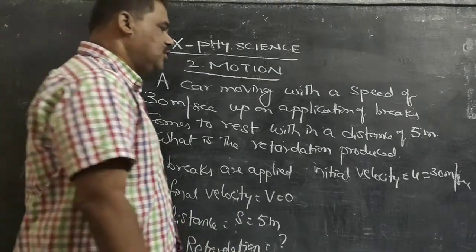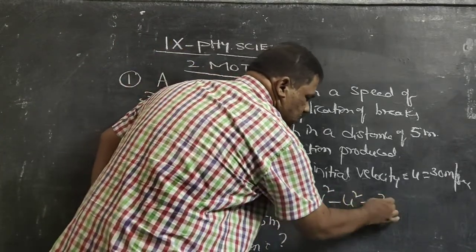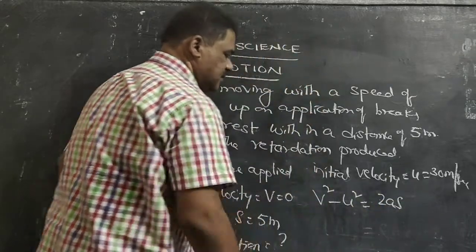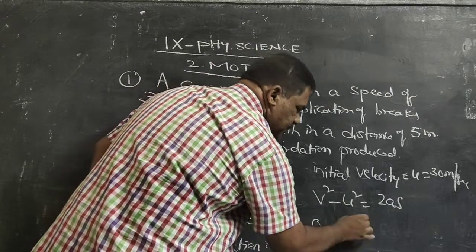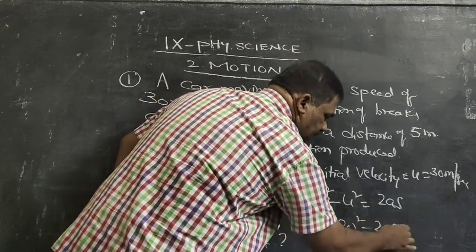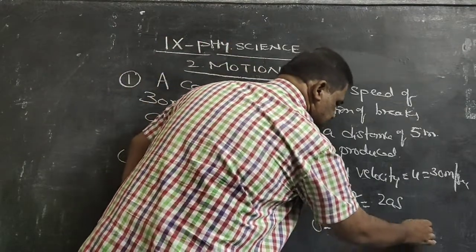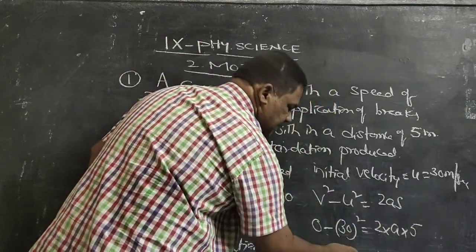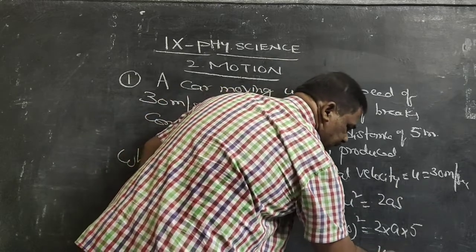First we should find out a. So we have this equation v square minus u square is equal to 2as. v is 0, u is 30 square, 2a we have to find, s distance is given as 5 meters. Minus 30 square is 900. 2 fives are 10a.